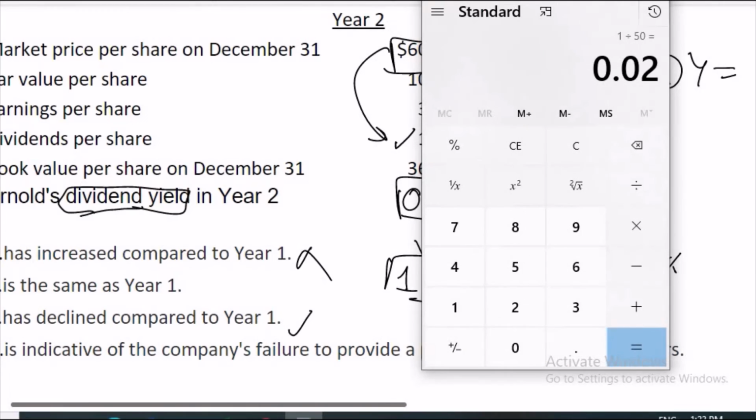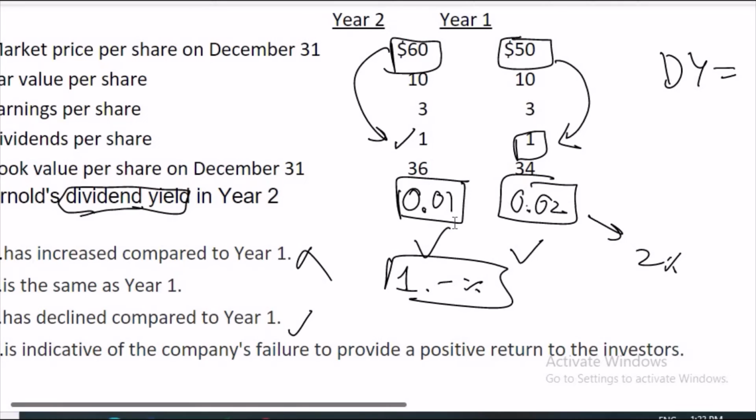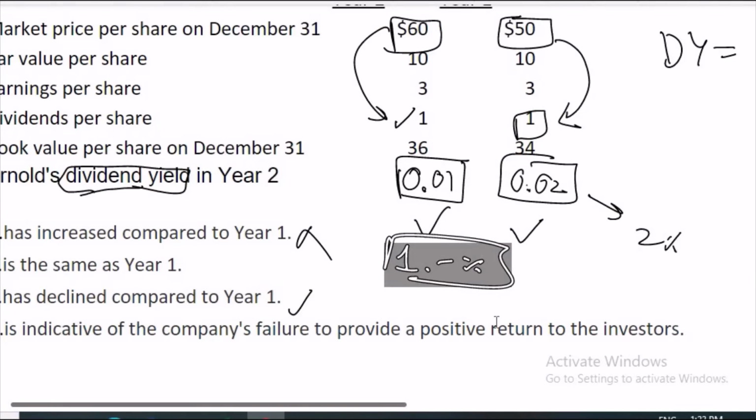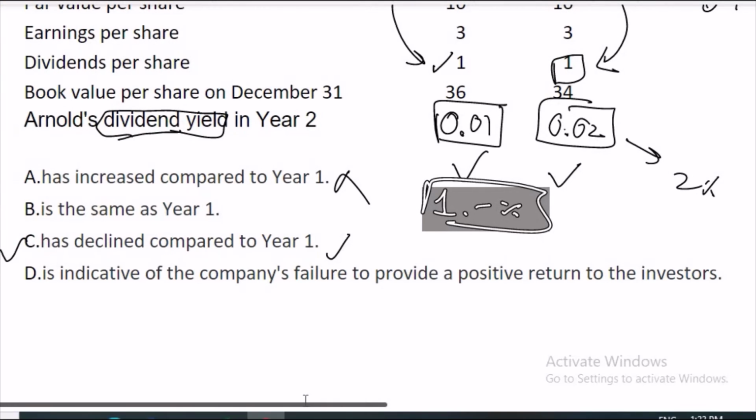Just 0.01 and here is 0.02, just 2% and 1%. You can see the dividend in year 2 has declined compared to year 1.